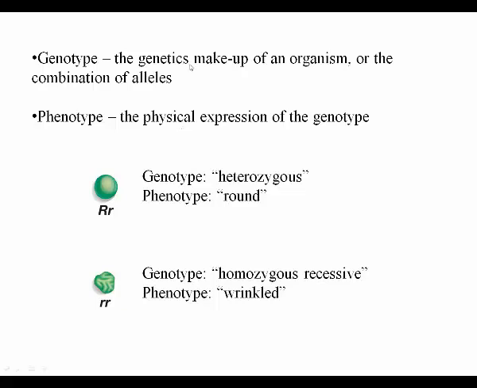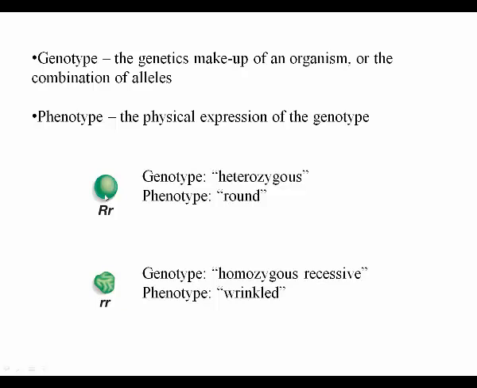Genotype is the genetic makeup of an organism, or the combination of alleles that are seen for a given gene. The phenotype then is the physical expression of the genotype. So for example, I have a pea here that is round. Round is dominant to wrinkled. The genotype in this case, which is indicated by the big R and little r, is heterozygous.